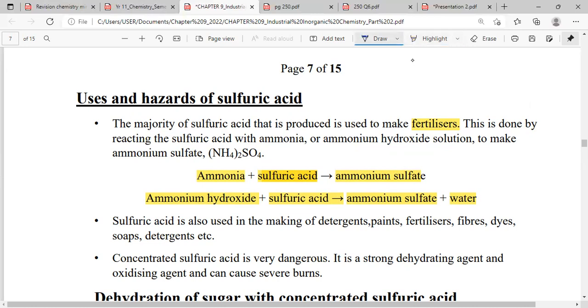If you only have ammonia, which is aqueous ammonia, you get one product, ammonium sulfate. If it is ammonium hydroxide, the hydro part here, you get water as well.